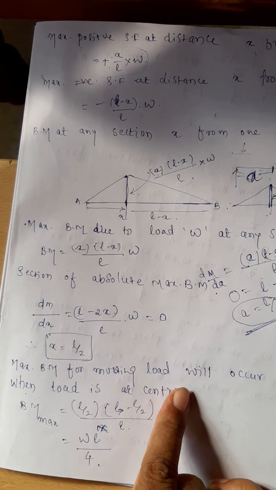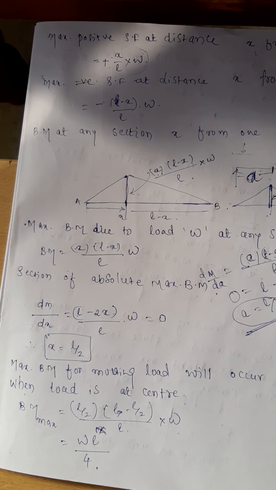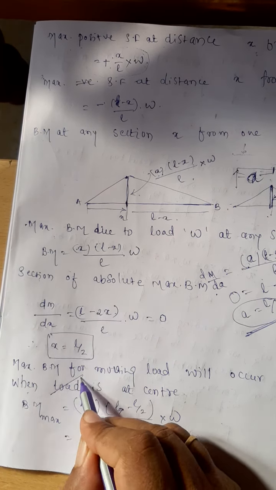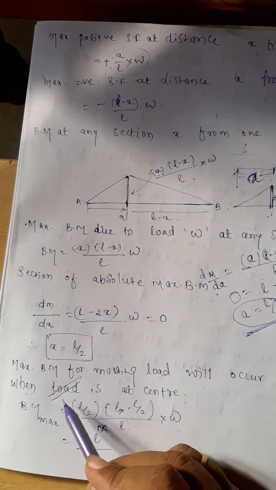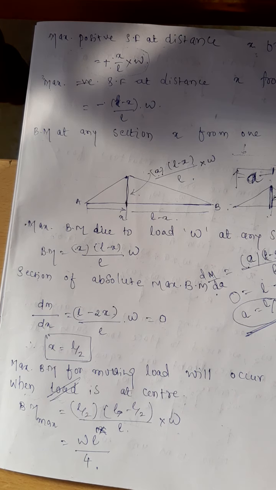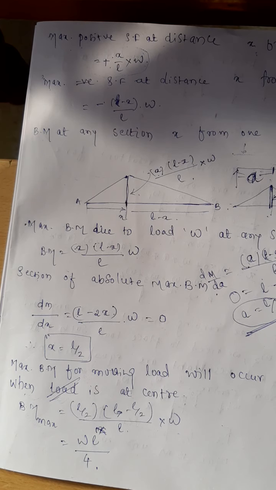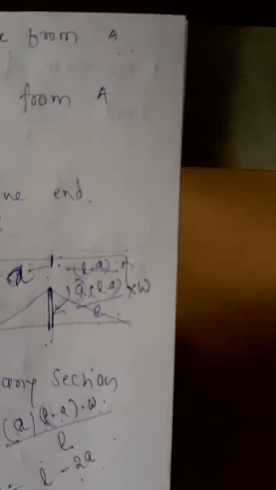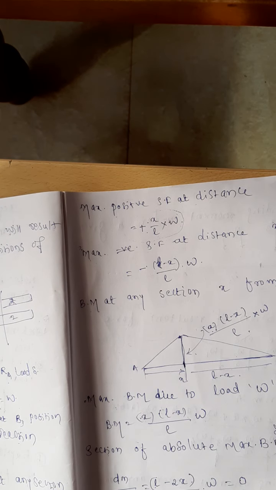Maximum bending moment for moving load will occur when the load is, when the section, not the load, when the unit load, the condition is okay, when the load is at the center. For moving load, if you want it, the section should be at the center. That is for the single load.